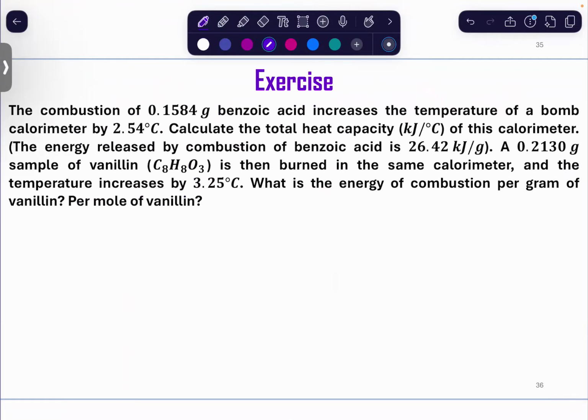The energy released by combustion of benzoic acid is 26.42 kilojoules per gram. A 0.2130 gram sample of vanillin is then burned in the same calorimeter, and the temperature increases by 3.25 degrees Celsius in the surroundings. What is the energy of combustion per gram of vanillin and then per mole of vanillin?